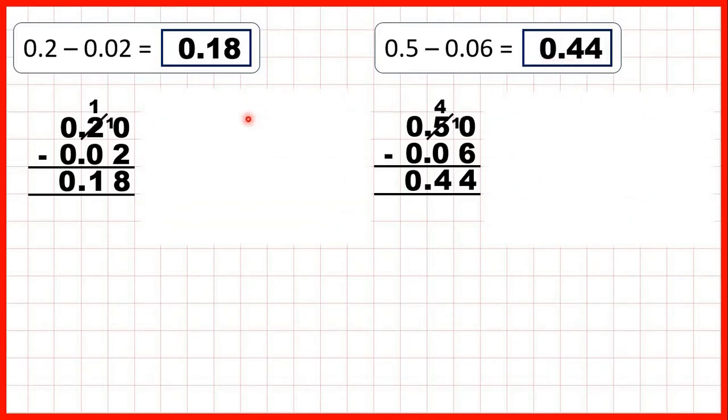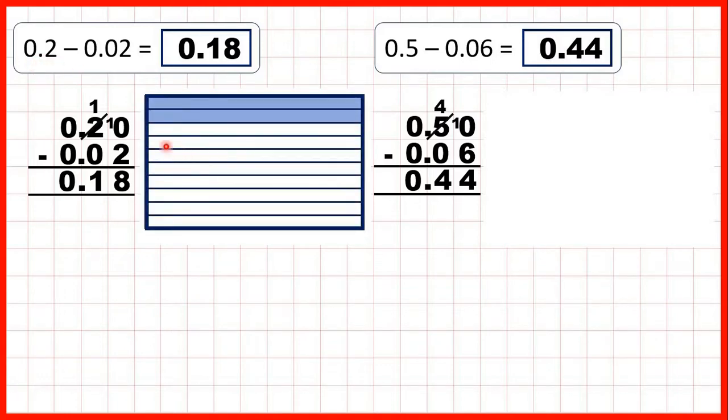So let's think about what we did here. We started with 0.2, so that's 2/10. But if we change those tenths into hundredths, we have 20/100ths, so we could write 0.20. So now, when we're taking away 2/100ths, that leaves us with 18/100ths, or 0.18.